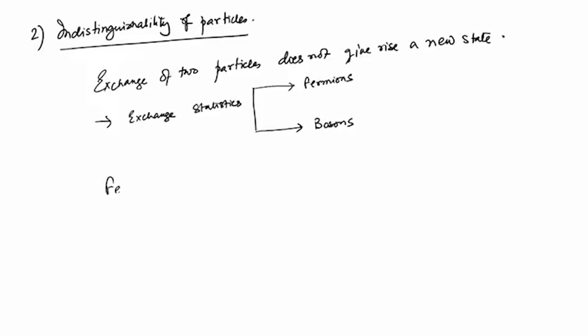Like for example, fermions obey the Pauli exclusion principle, which means that no two fermions with the same quantum number can occupy a given energy state. So, this is called the Pauli exclusion principle, and because of picking up a negative sign, one can write down a many particle wave function for the fermions as a Slater determinant.